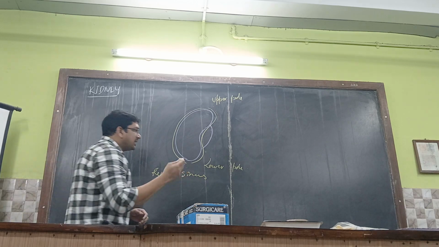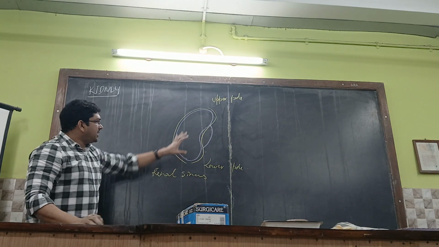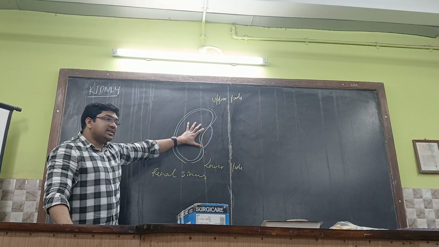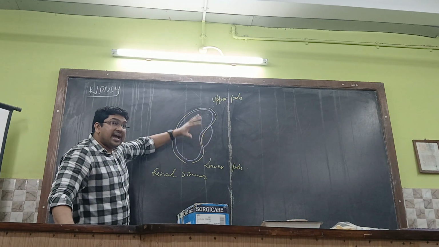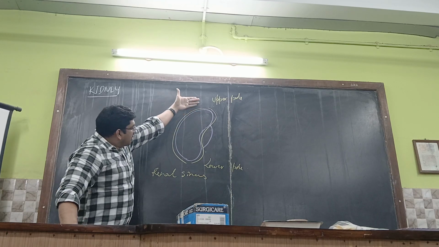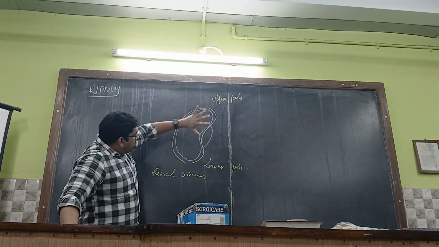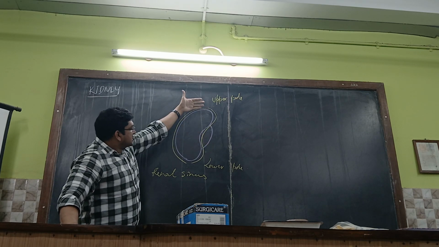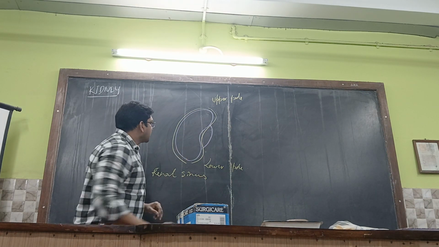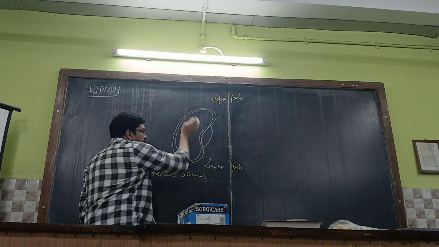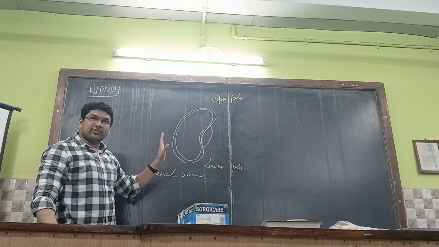Coming to the surfaces, the anterior surface is convex, with more convexity, but the posterior surface will be flat. These are the borders, surfaces, and poles of the kidney. Understood, everybody?